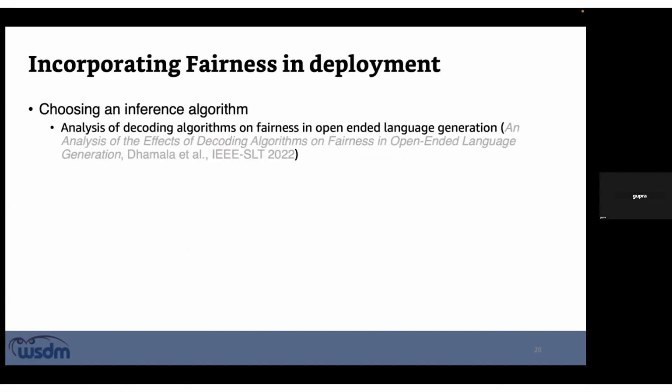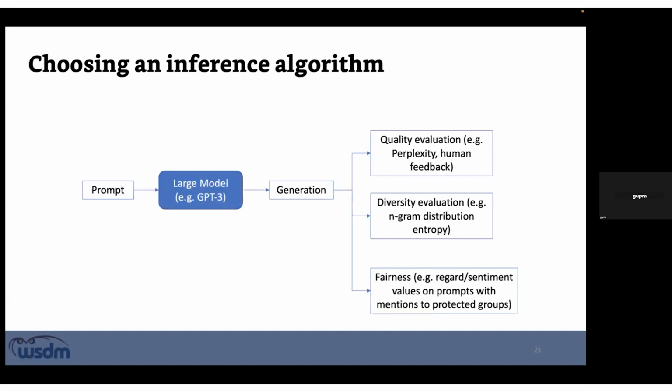Now let's move towards some of the ways to incorporate fairness in deployment. This is another paper that we presented at IEEE, which is another spoken language conference, where we looked at decoding algorithms in NLP. During text generation, we would choose a decoding algorithm like top K or top P. I'll not go into the details of these algorithms, but you have various choices.